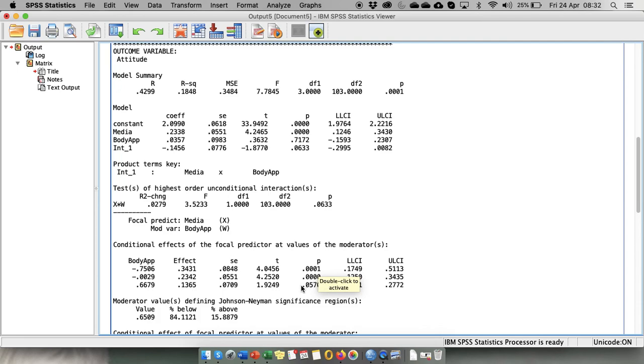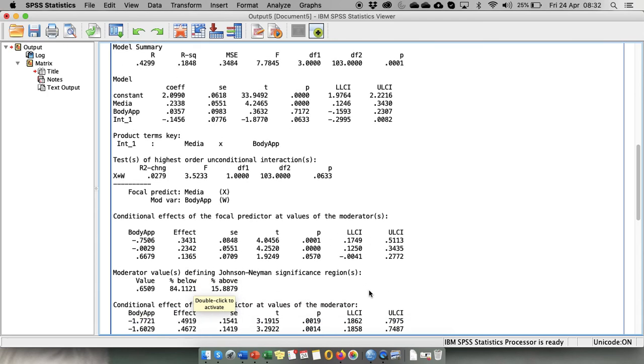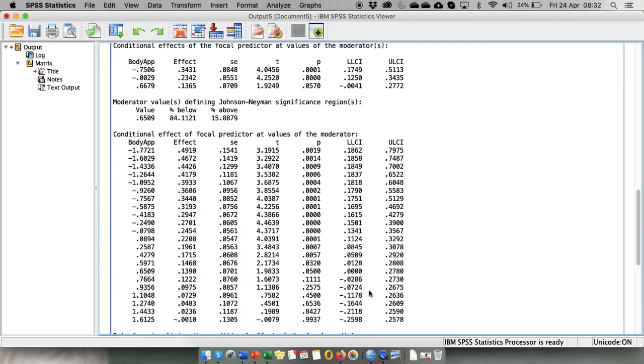So there is no significant effect in it. So the beta coefficient could as well be 0 in the population. To better visualize the data, we can look at this output, conditional effects. So we can see how body appreciation goes from low to high, and how the effect on the dependent variable goes.